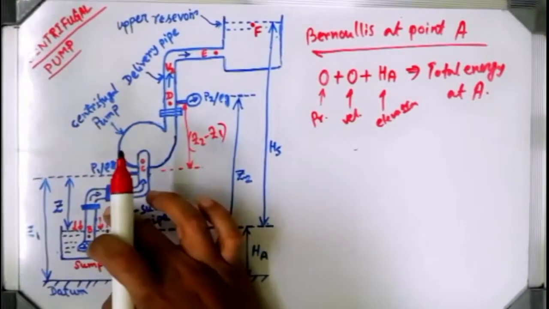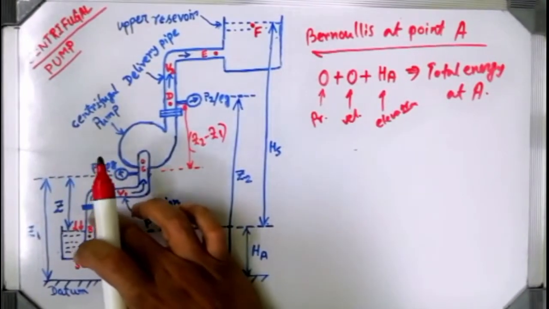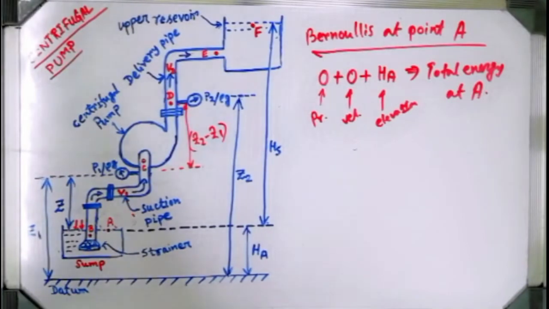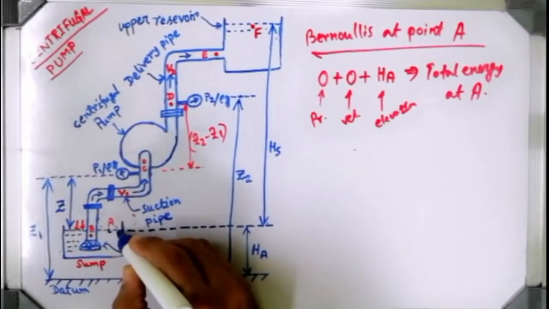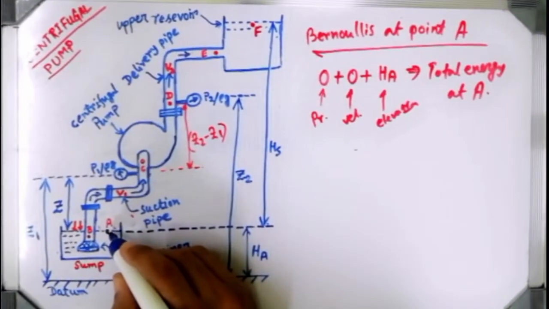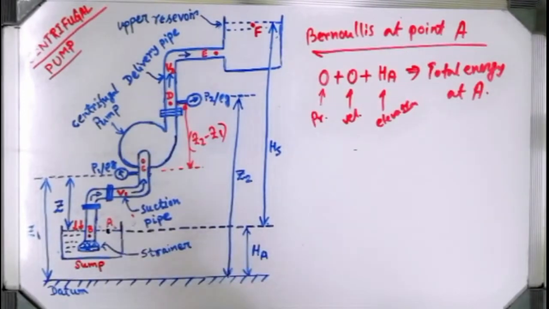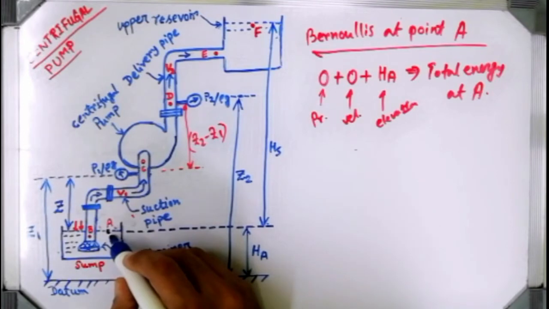Point A is here, at the surface of the sump water. If we consider the liquid as water, this is the point A, which is at the top surface of the sump water. Can you see this point, Aditri? Yes, sir. This is the top surface of the sump water.